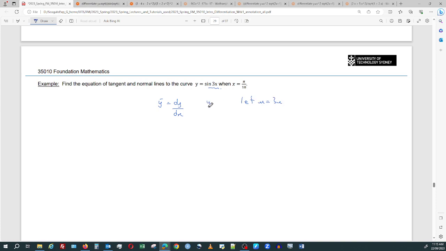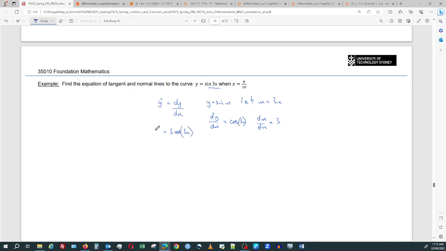That means we can write y in terms of u, and then we can say dy/du and du/dx. So that's 3. That's the calculus done. The derivative of sine is cos, and u was 3x. Put them together and you get y dash is 3 cos 3x.